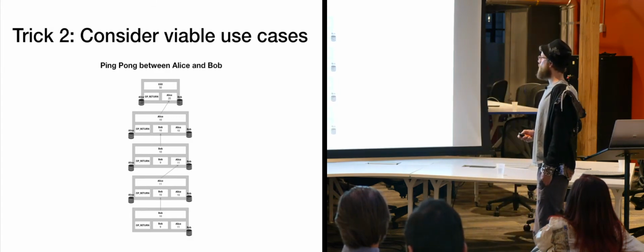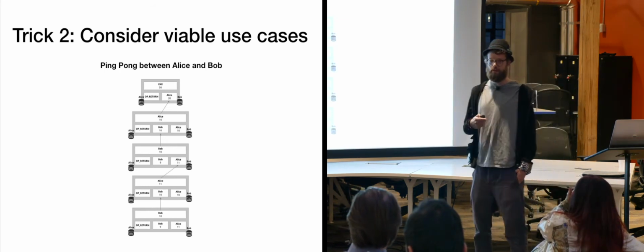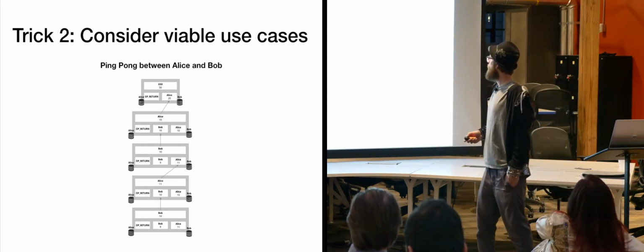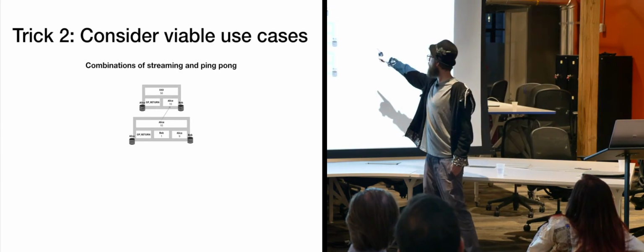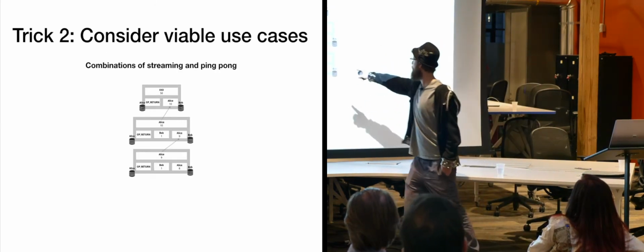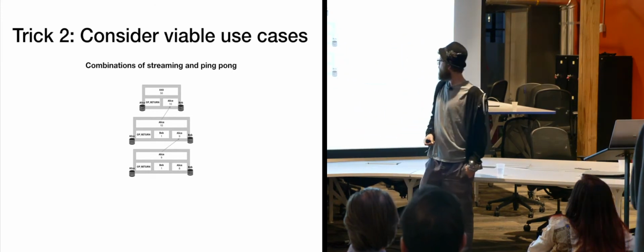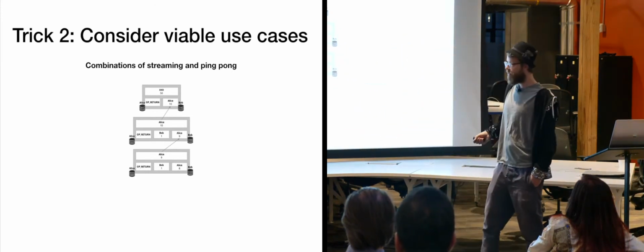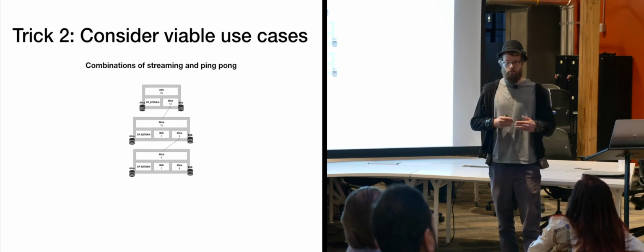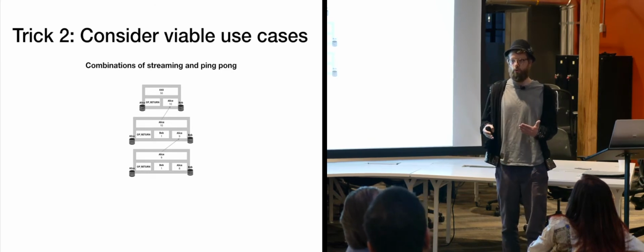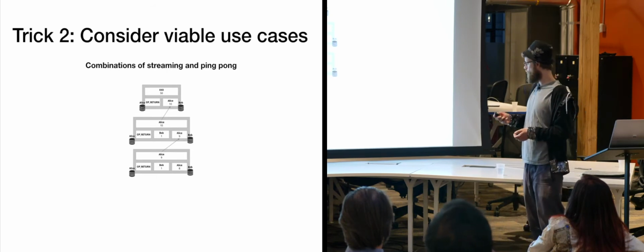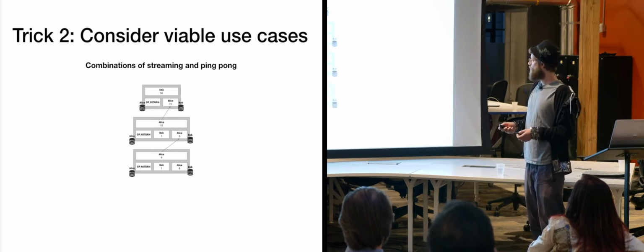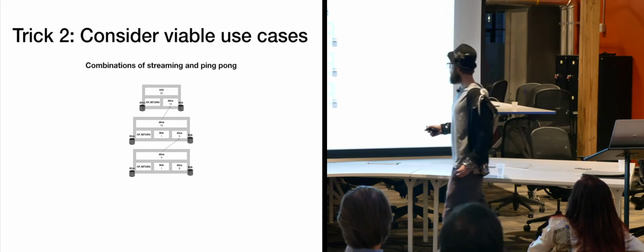So what about combinations of ping pong and streaming? Let's say these guys do streaming, 2 rounds. Here Alice sends 2 tokens to Bob. Bob now has 2 unspent outputs with 1 token each. Alice has 8 tokens. Now say they want to switch to ping pong mode, where Bob sends something to Alice, and say Bob wants to send two transactions to Alice.